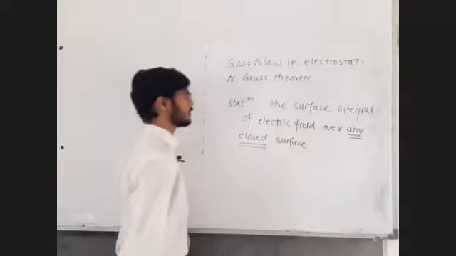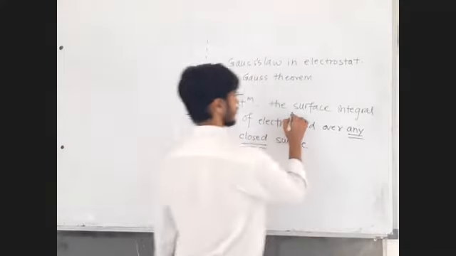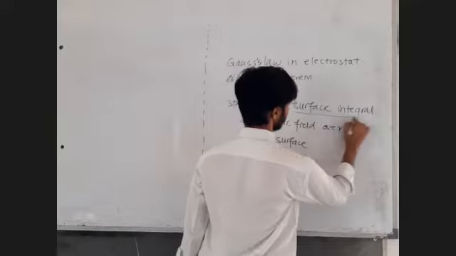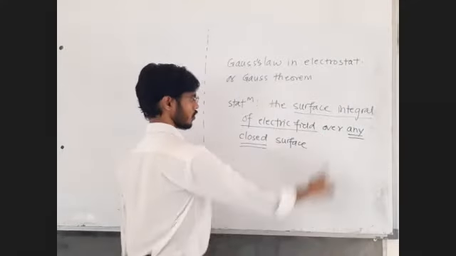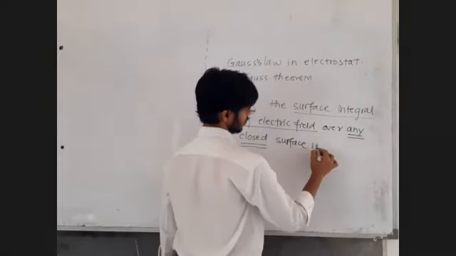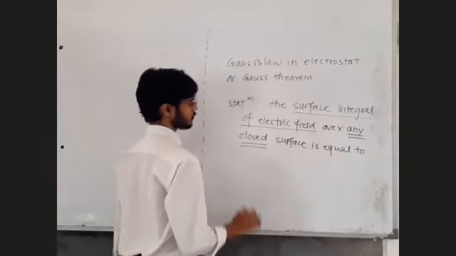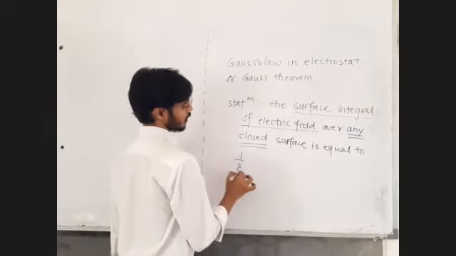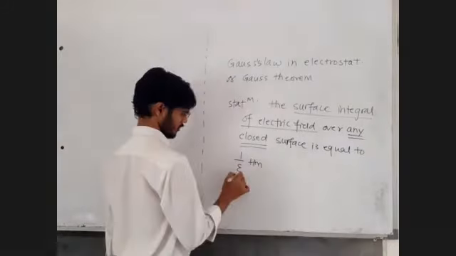The surface integral of electric field. Underline this complete phrase: surface integral of electric field over any closed surface is equal to 1 upon epsilon times, if there is a medium; 1 upon epsilon 0 if there is vacuum.